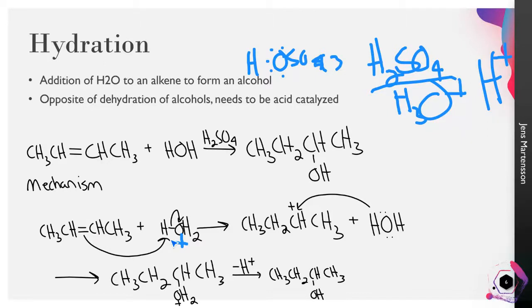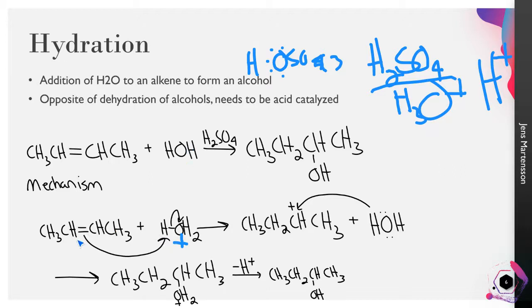It works pretty much the exact same way, but you have to protonate this water to hydronium before you can do this, okay? Water doesn't break apart very easily unless that OH group is protonated. So it works about the same way as in dehydration when you had to protonate the OH group before you can take it off. It's the same thing here. You have to protonate this OH group before you can separate this, okay?